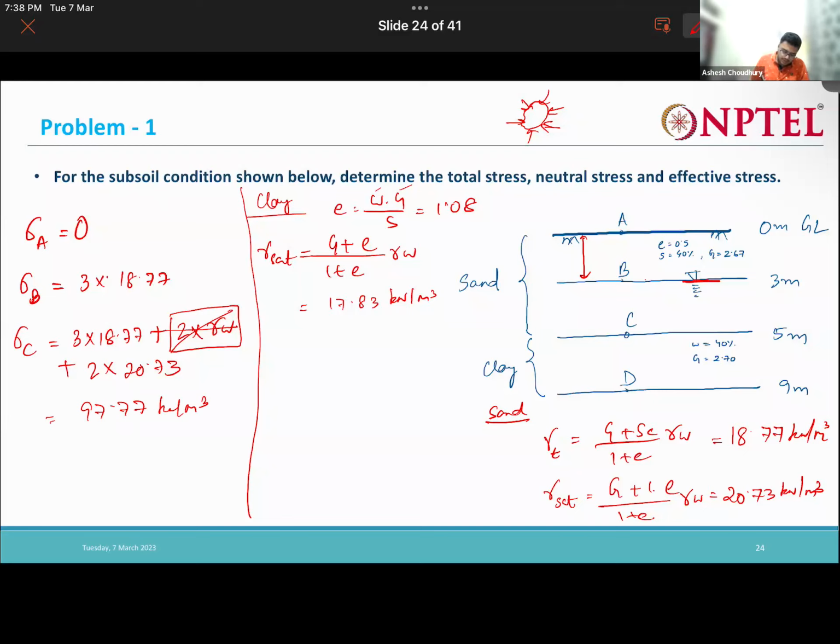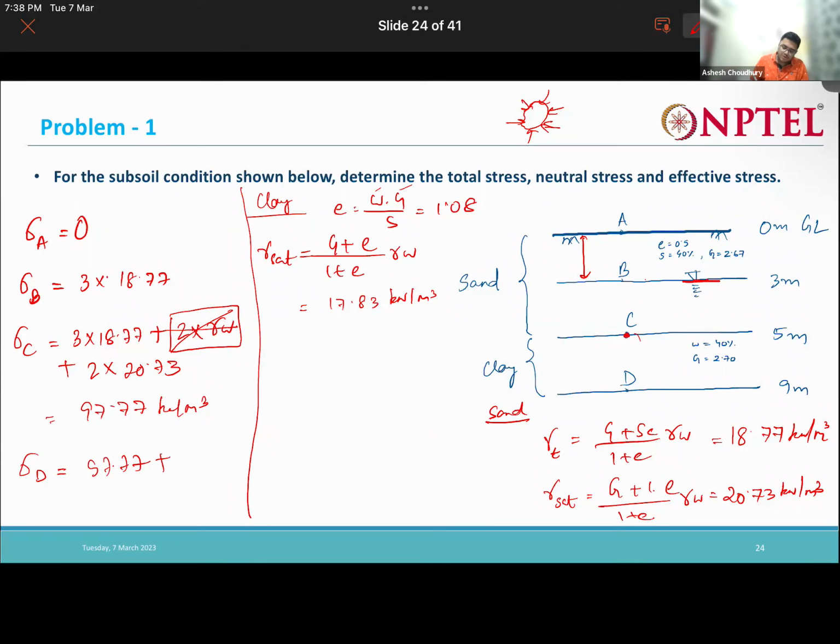Okay. And then we have total stress at D. What we can do is directly you can see 97.77 you already know up to here, right? Just for this one you tell.